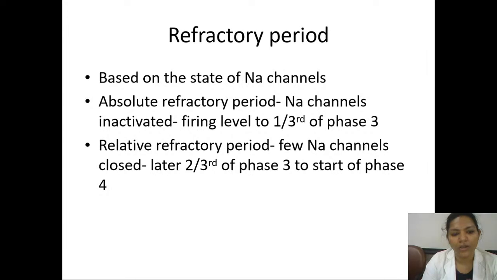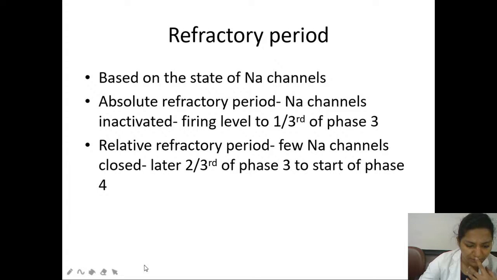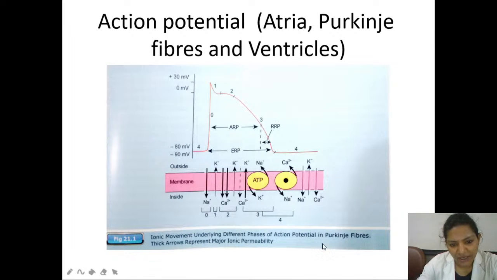So if we have to define the duration of the absolute refractory period, or the duration of the relative refractory period, the absolute refractory period lasts from the firing level. If you see here, this is the firing level, when the depolarization process starts, right?